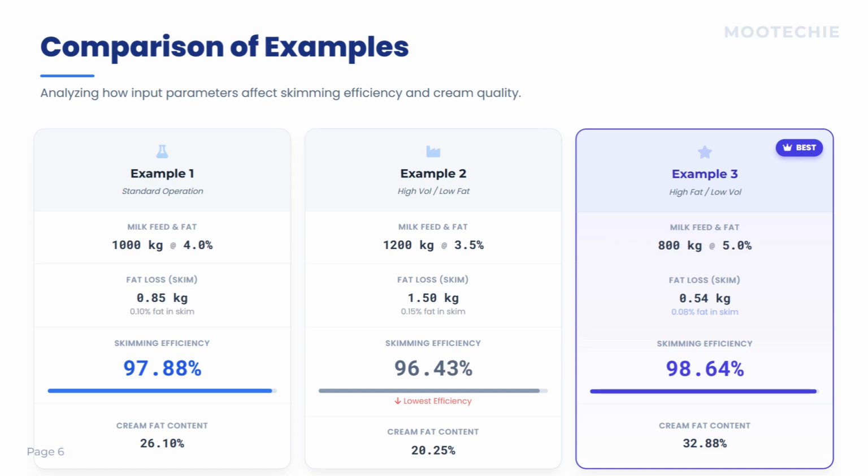Example 3, with lower volume but high fat, 800 kilograms at 5%, had the smallest skim fat loss at 0.544 kilograms, the highest efficiency at 98.64%, and the richest cream at 32.88%.